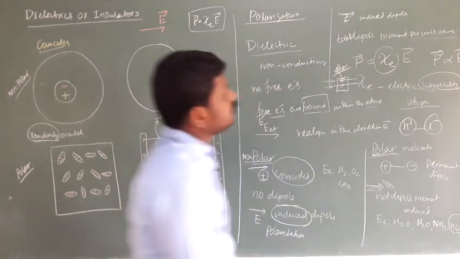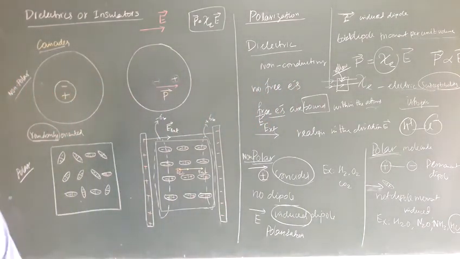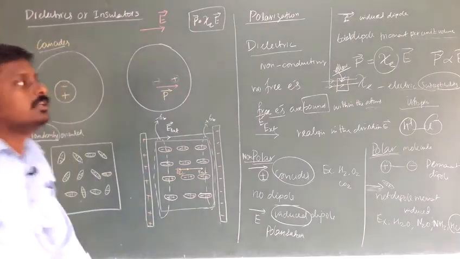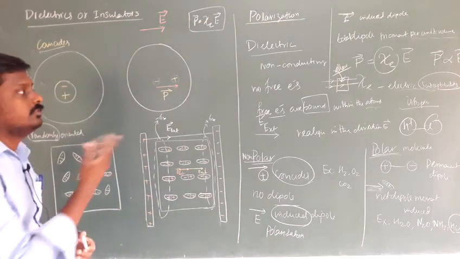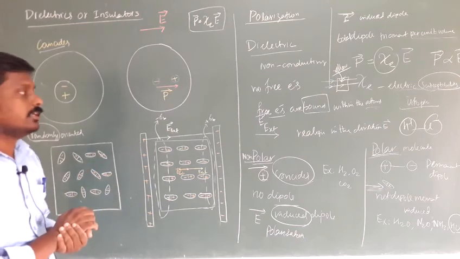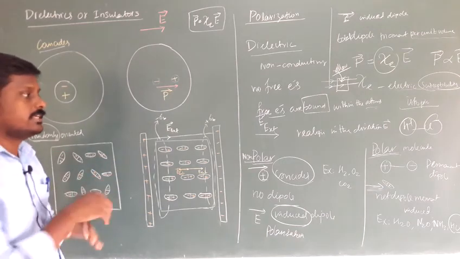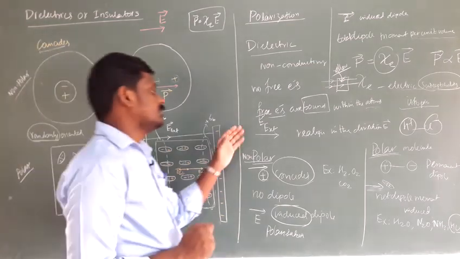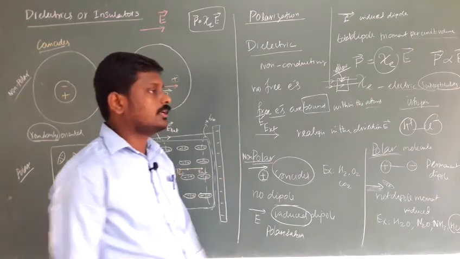Now we have discussed three different topics. First, dielectrics or insulators. A dielectric is a non-conducting material, so it does not have free electrons. The electrons are bound inside the atoms. Dielectrics may be non-polar or polar.